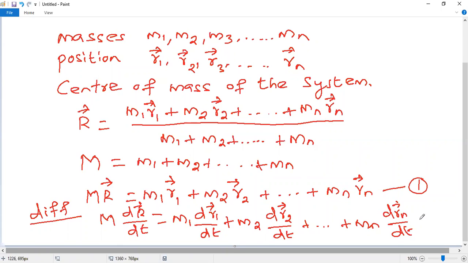You can note it up to that. This is equation number 2. Then we go for the next page. My voice is audible, it is clear.